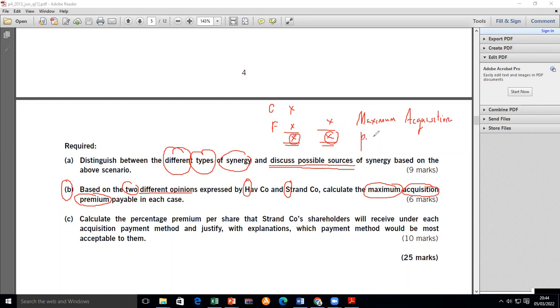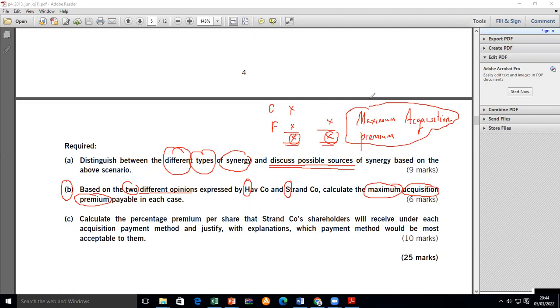The only thing you need to do is look at the figures given so that you can arrange them and demonstrate the maximum acquisition premium.